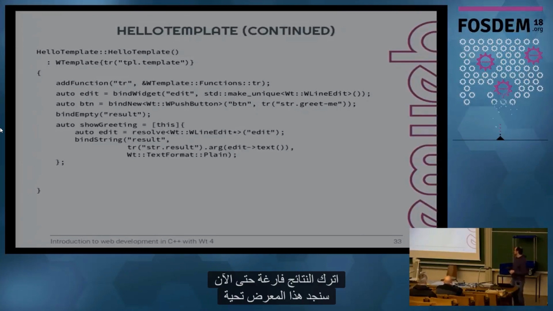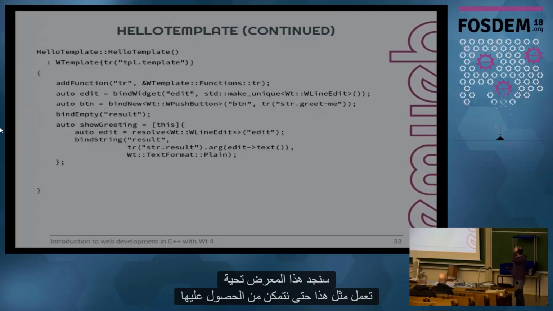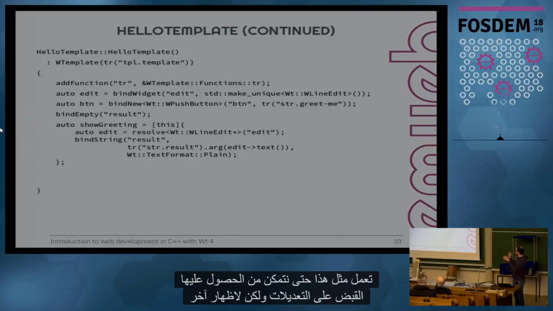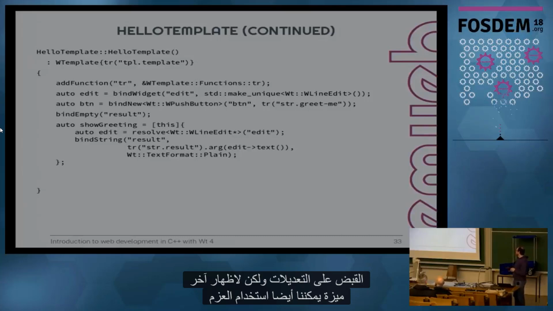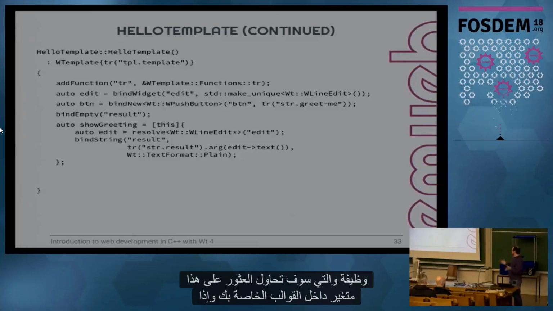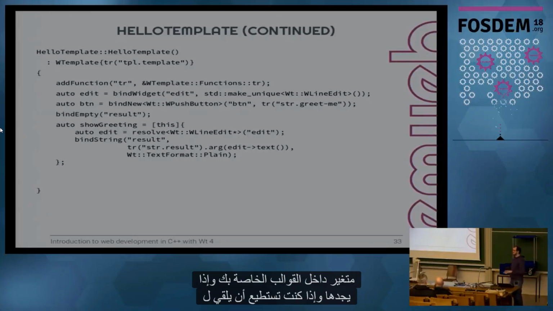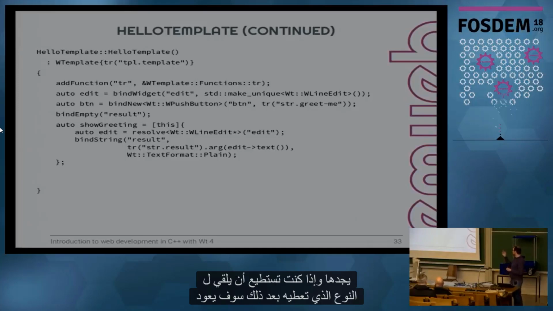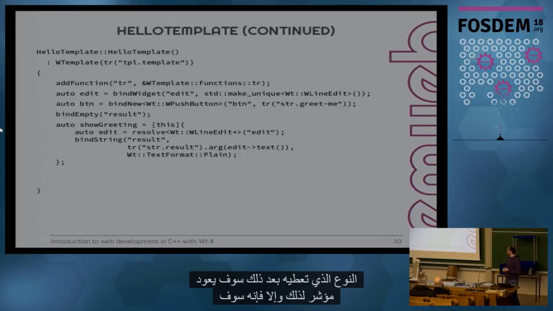Then we can define this showGreeting function like this. We could have captured the edit, but to show another feature, we can also use the resolve function, which will try to find this variable inside of your template. If it finds it, and if it can cast it to the type you give it, then it will return a pointer to that.